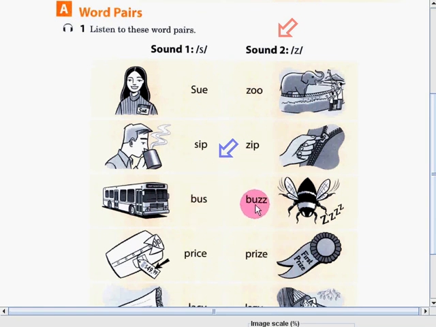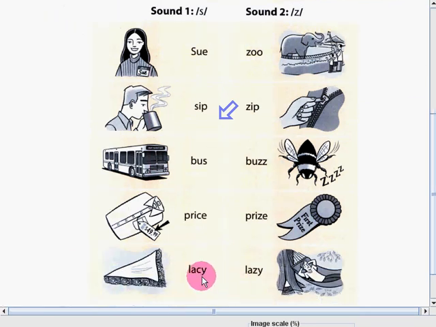Bus, buzz. Price, prize. Lacy, lazy. Very good.